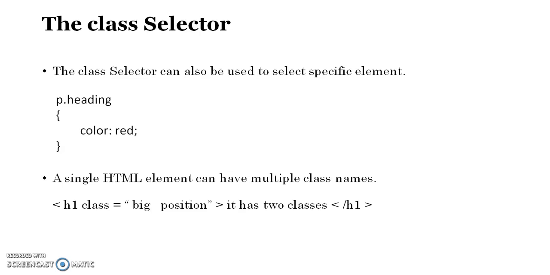You can increase the size of your heading using this big class, and you can change the position of your h1 using this position class. So with a single element you can use multiple class names. But with the ID selector that is not possible. So this is another advantage of the class selector.